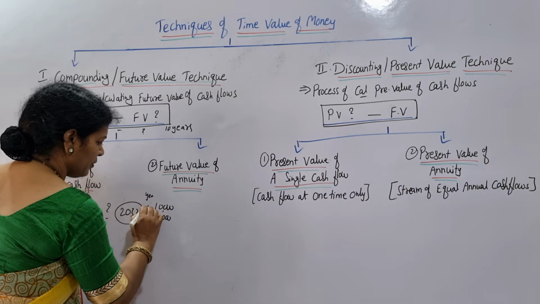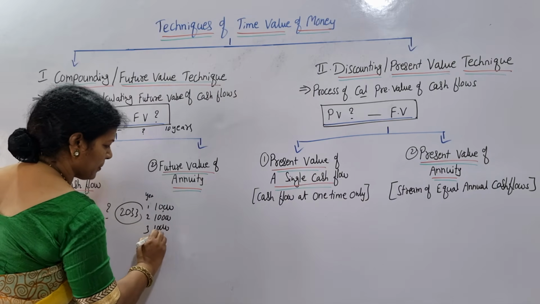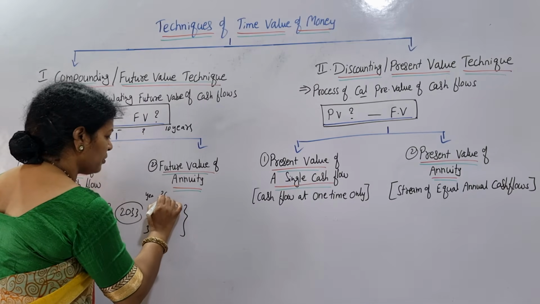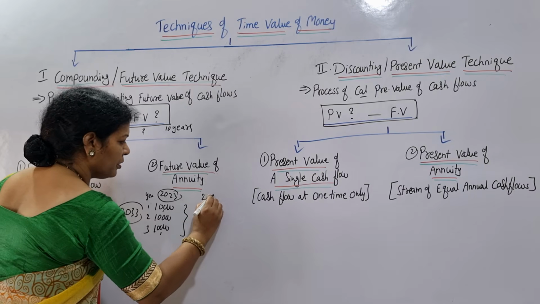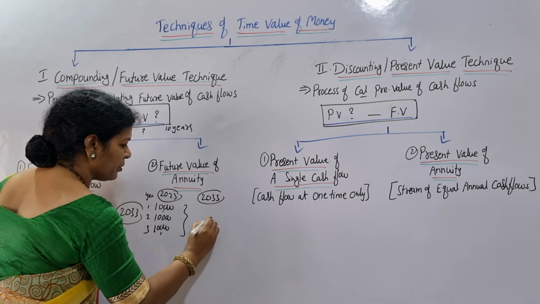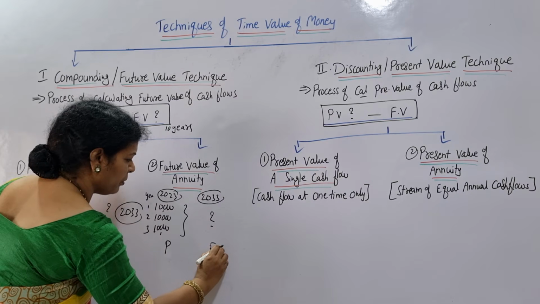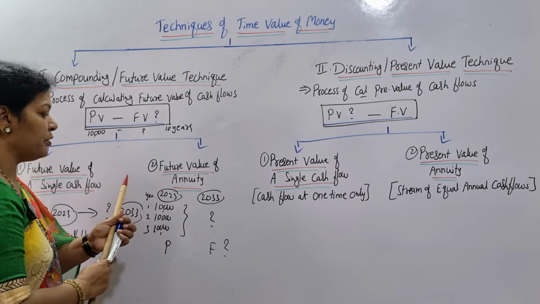Year: first year, second year, third year also 10,000 I am investing. And after 10 years how much will it be? This is 2023, and in 2033 how much am I going to get? Future. Present is this much. And what about future? So this is future value of annuity.